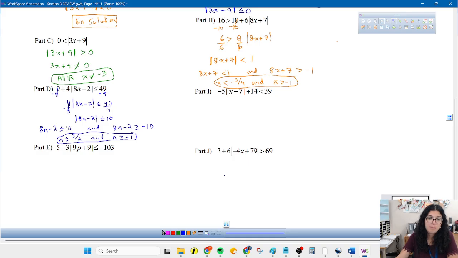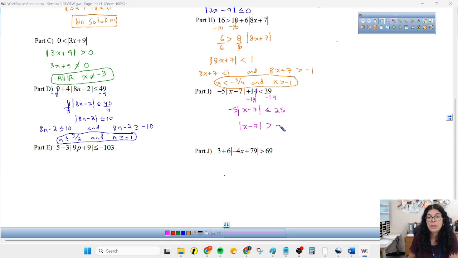Okay, part I. Start by subtracting 14 on both sides. We get negative 5 times the absolute value of x minus 7 is less than 25. Then divide by negative 5. The absolute value of x minus 7 is less than, well, actually we're dividing by a negative, so that would flip that sign.